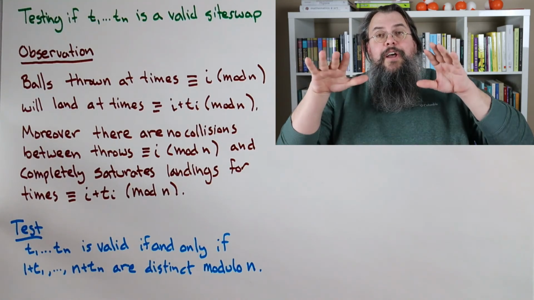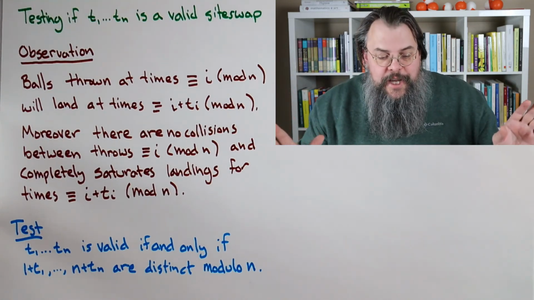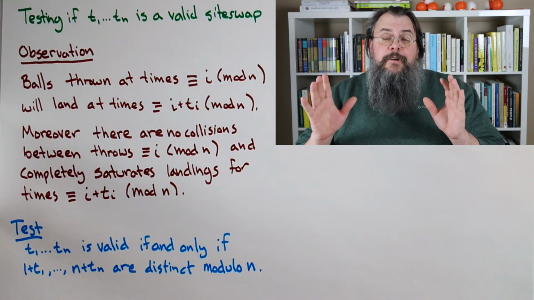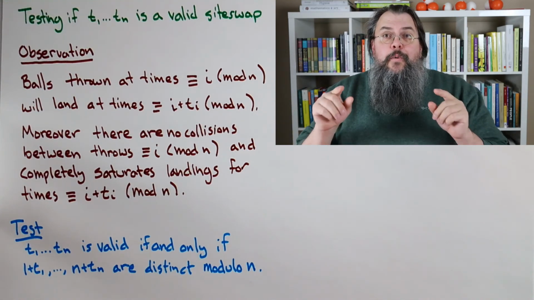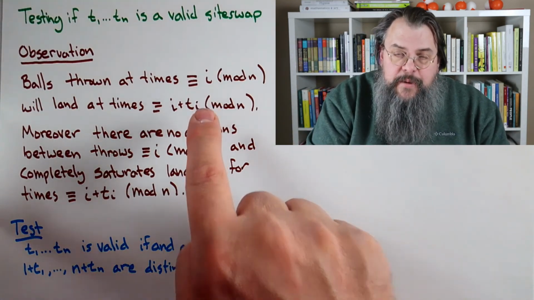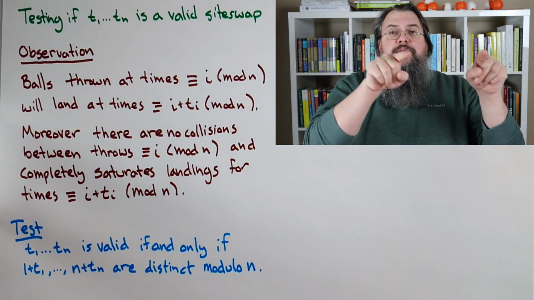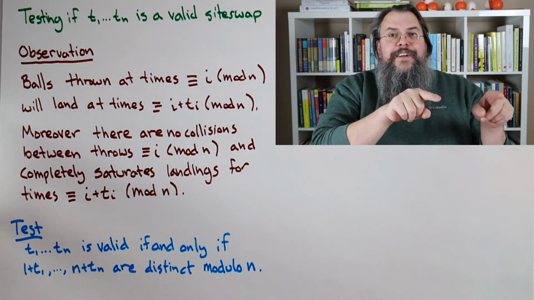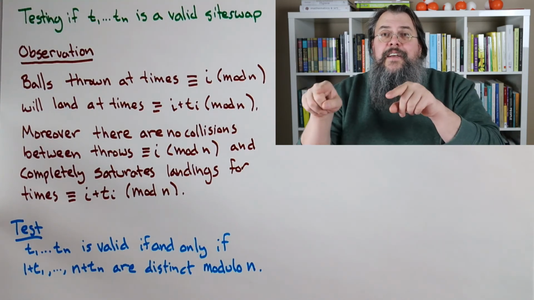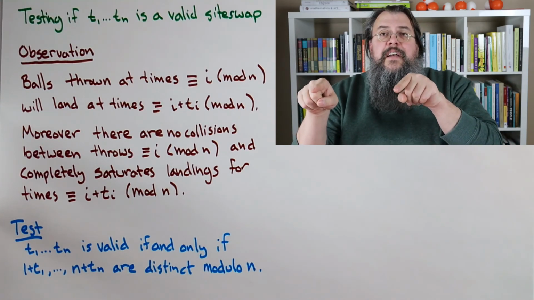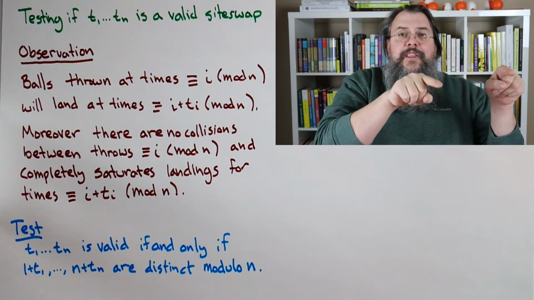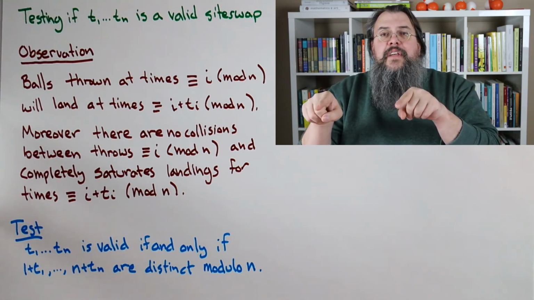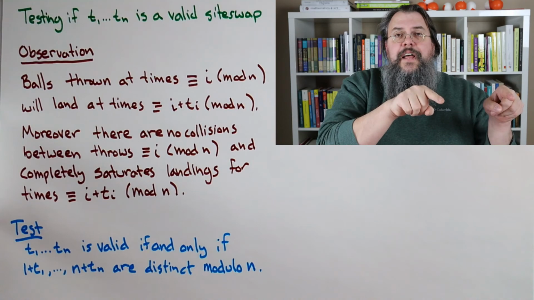In other words, modulo n, everything's great. And in fact, a couple of nice things happen. When I'm looking at the same times congruent to i mod n, they're the same types of throws. So they're all going to have the same length of time up in the air. In other words, they're not going to collide. If these are offset by n, they have to be the same throw length. So however much they're offset here is however much they're offset when they land.